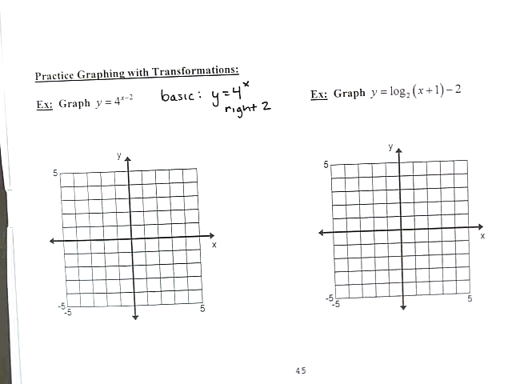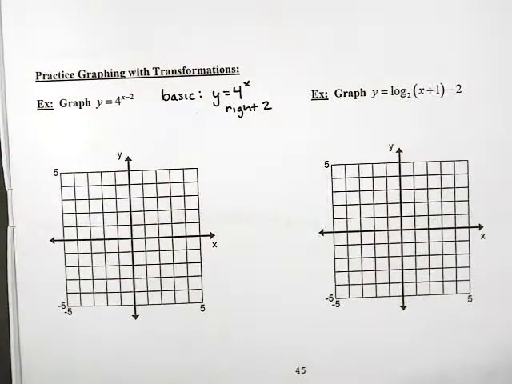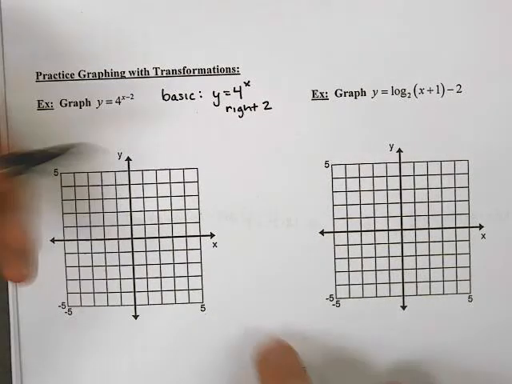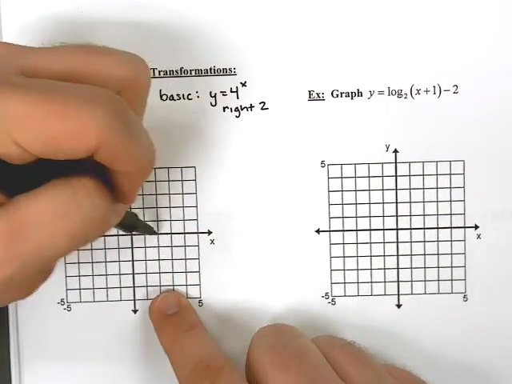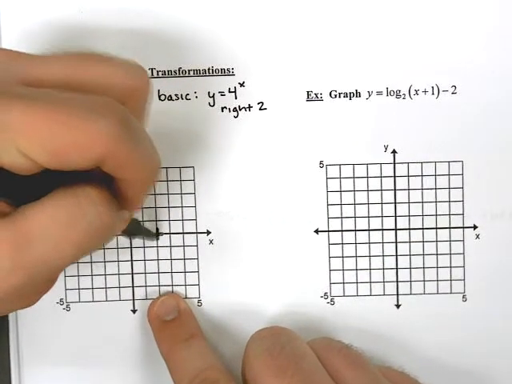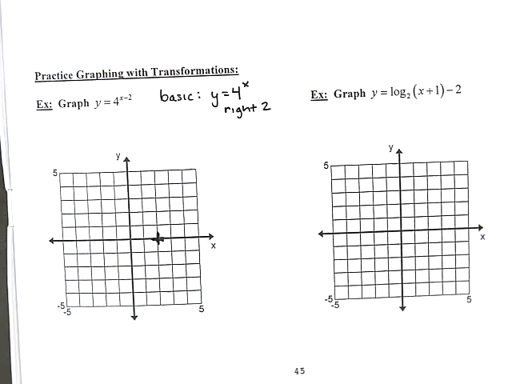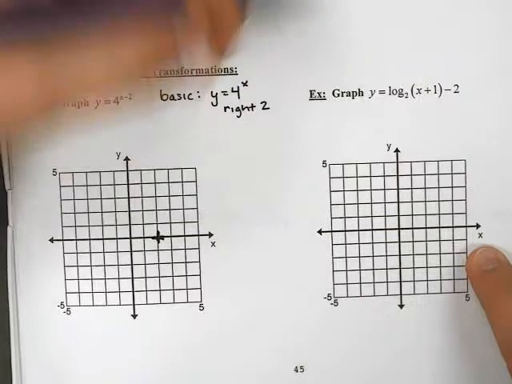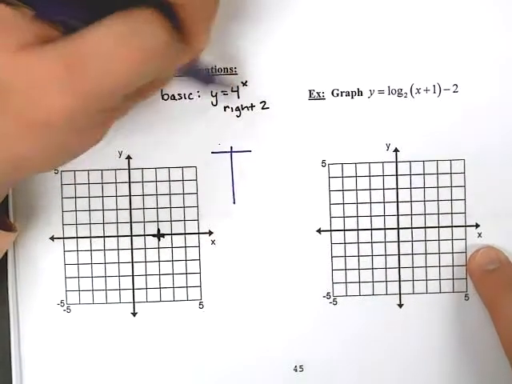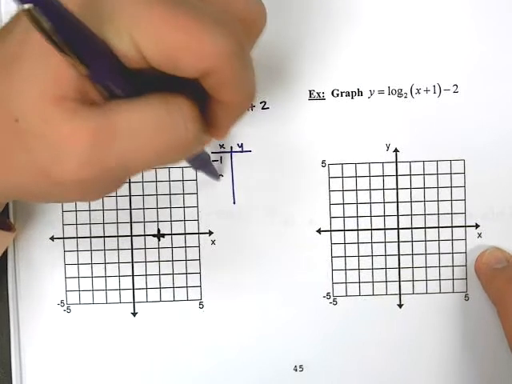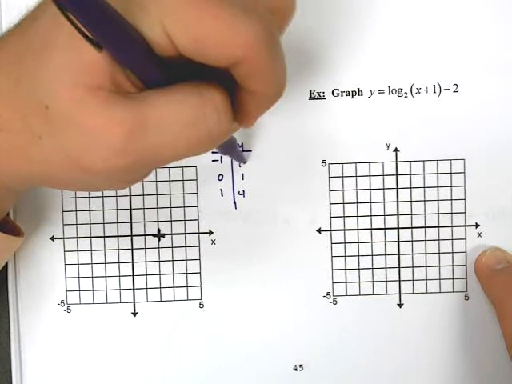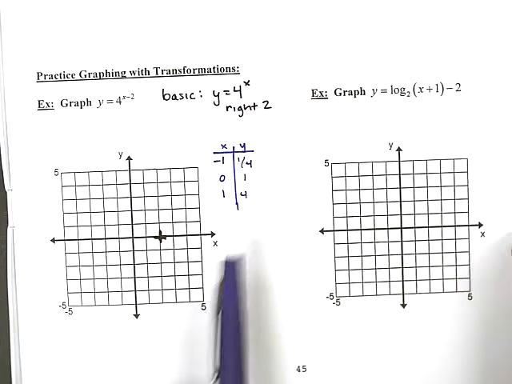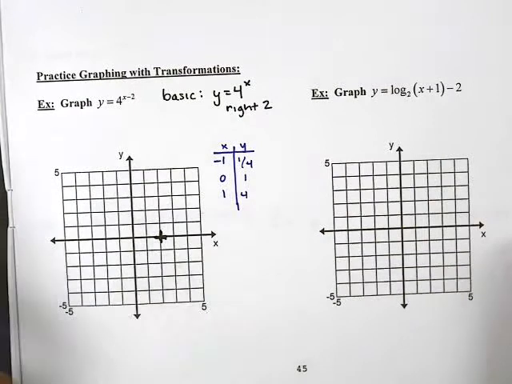What I mean by that is that I'm going to take care of this transformation right now before I do anything else, because I normally start at the origin, 0, 0. If I have to go right 2, I'm going to move my starting point 2 units to the right. And now it turns into a standard problem. I know that I have an exponential, so I know my -1, 0, 1 is going in the x column, and I plug in 1, 4, 1/4, and here's the trick: you need to plot these points from your new origin, or your new starting point.